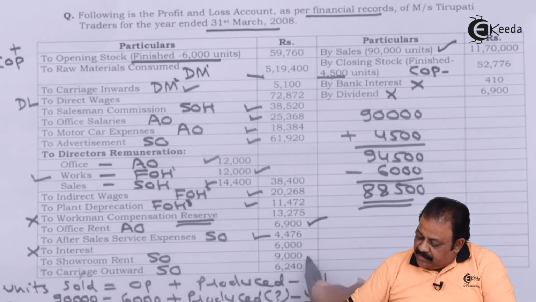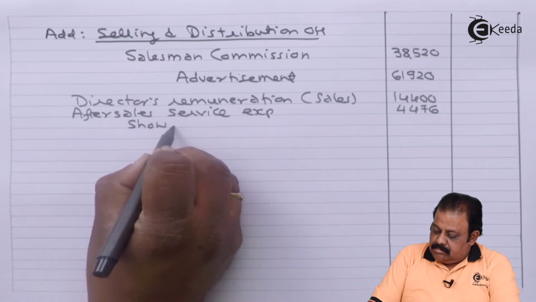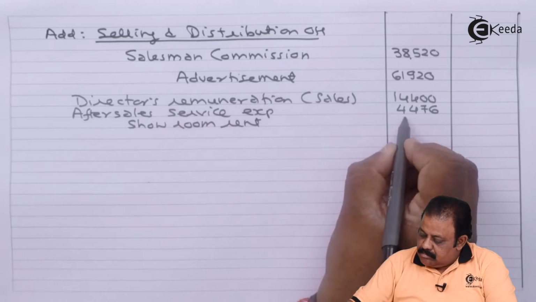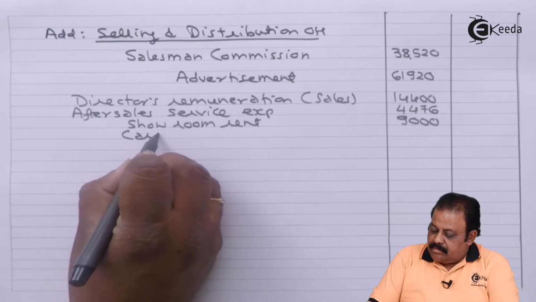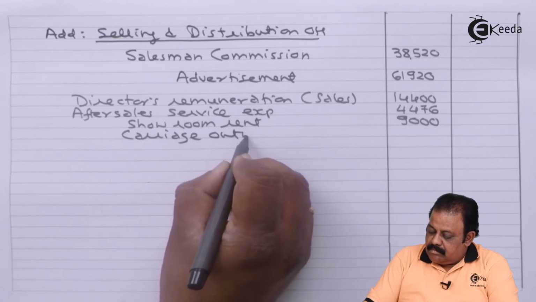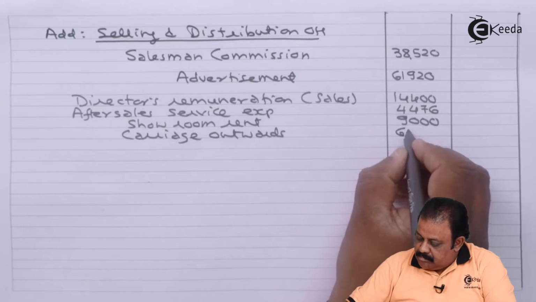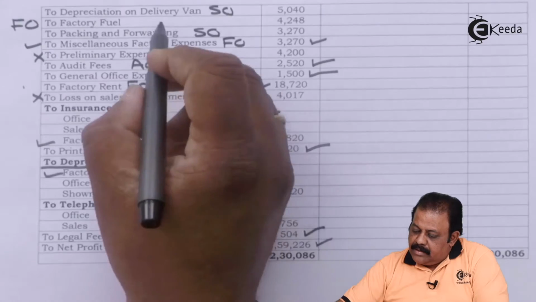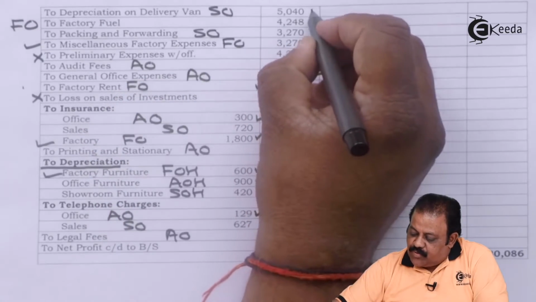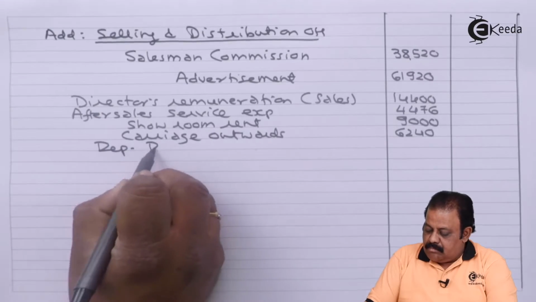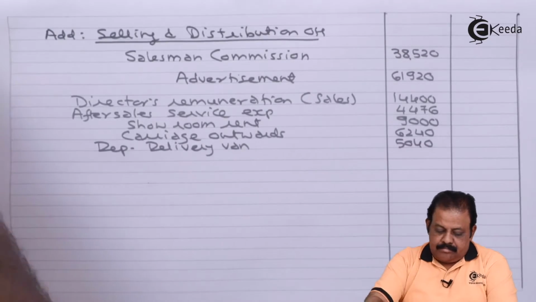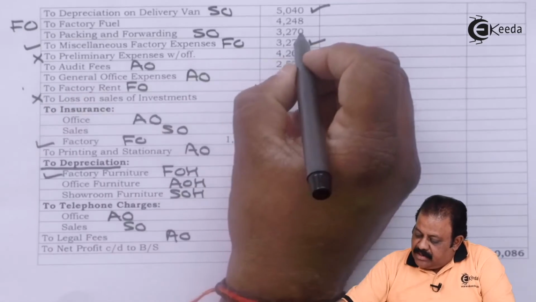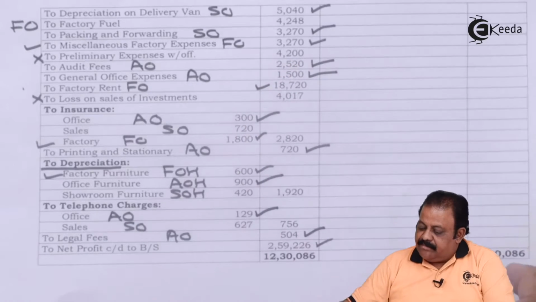Showroom rent 9,000. Carriage outwards 6,240. Depreciation on delivery van 5,040. Packing and forwarding 3,270.